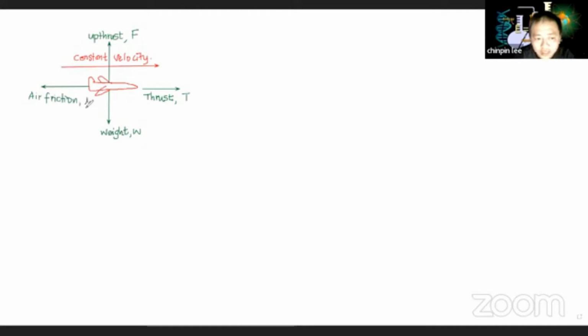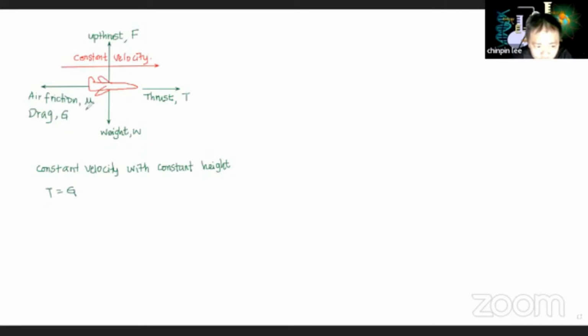I said I will use the symbol mu. But if you don't want to use air friction, there is another name you can use, we call it drag, G. Then the forward thrust is equal to the backward force.